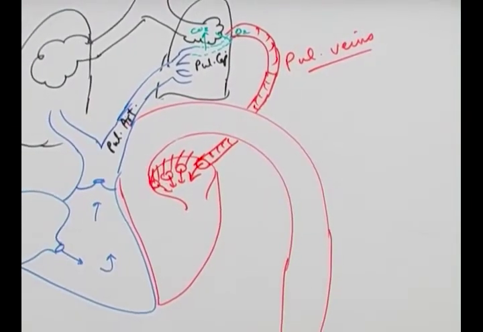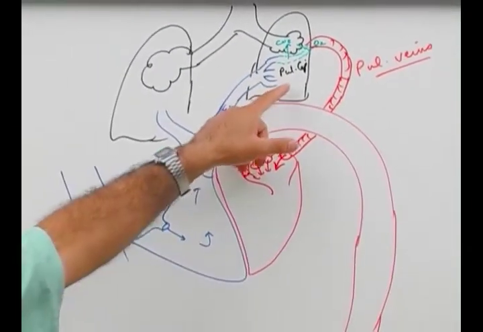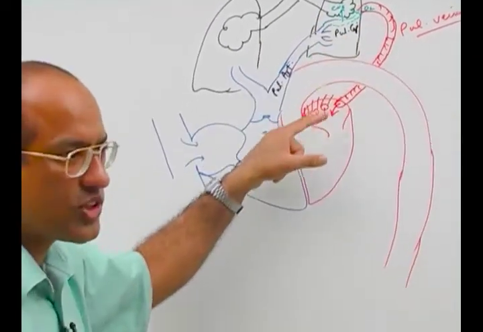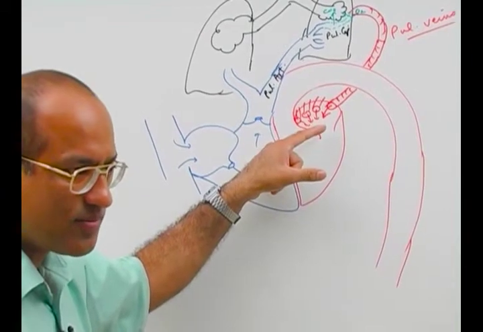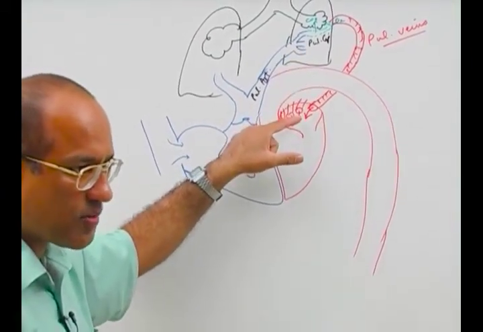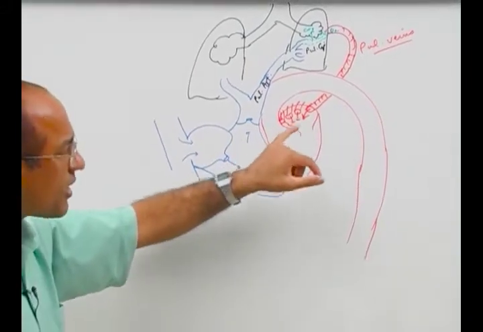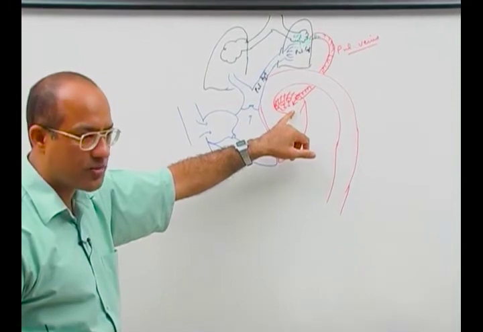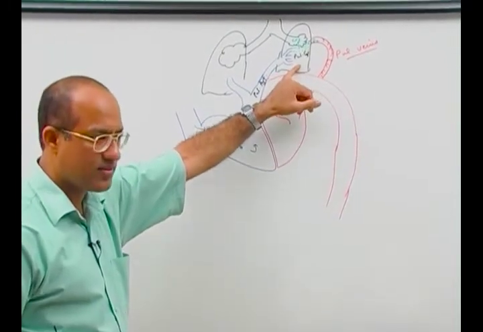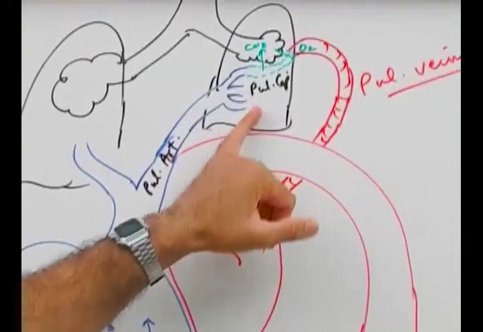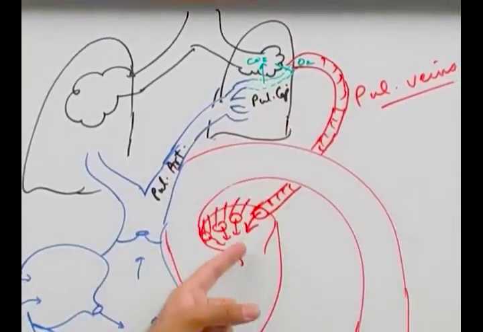An important point which you have to remember is that pulmonary veins are having oxygenated blood. Is that right? So what we can say is the left atrium is receiving oxygenated blood from the lungs through pulmonary veins.